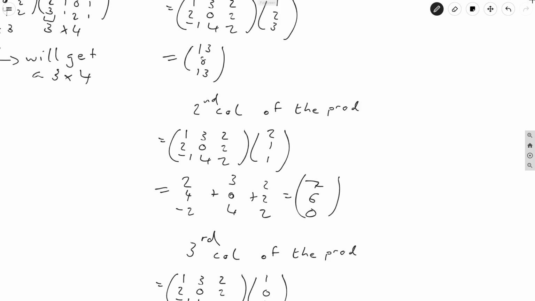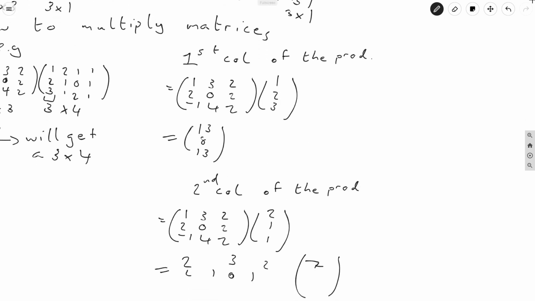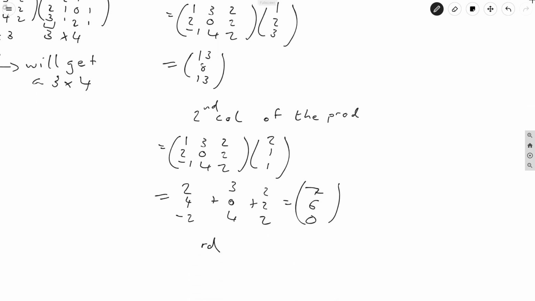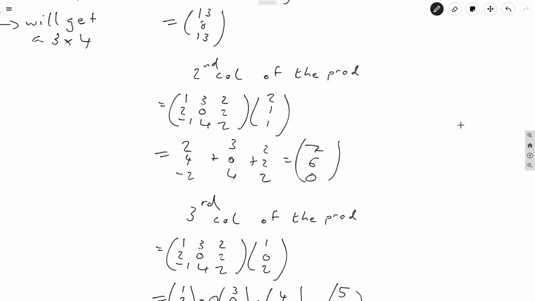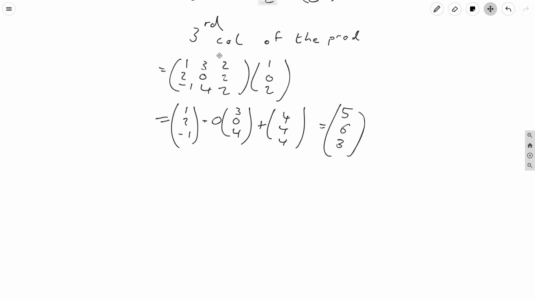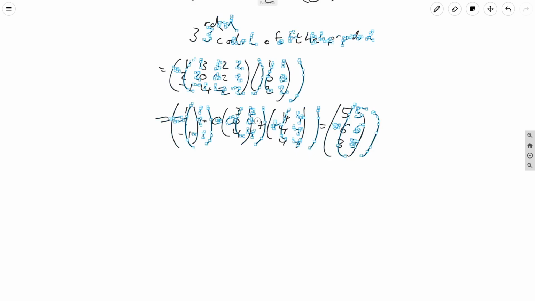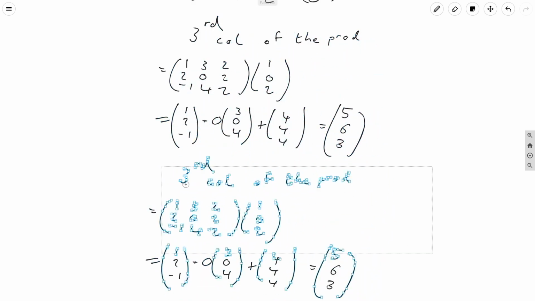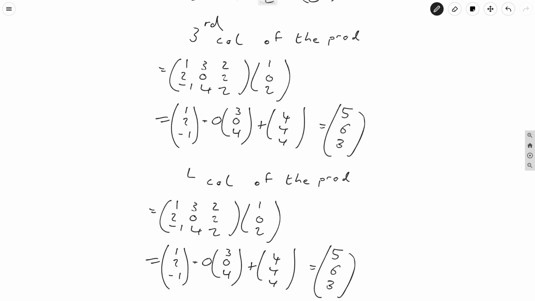And lastly, let's just grab the fourth. The fourth column is just 1, 1, 1. So let's grab this equation and replace the column on the side with 1, 1, 1. 1, 1, 1 is quite easy.